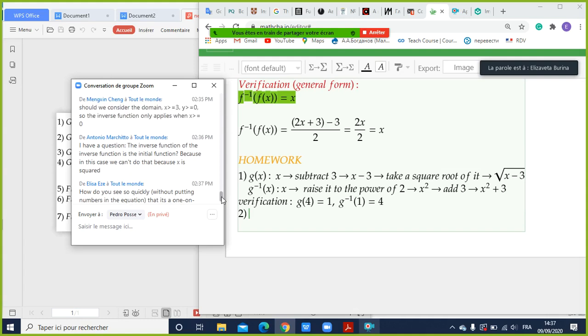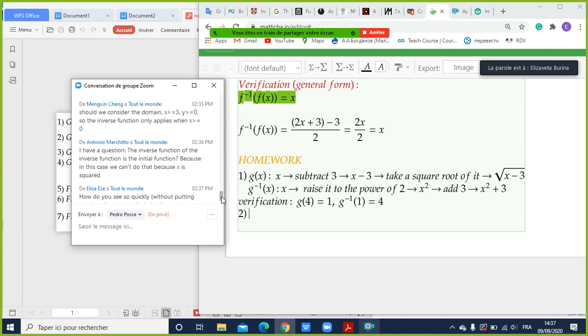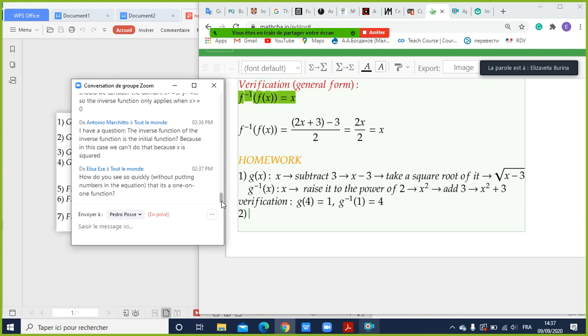So I'm answering now the question of Menxin, that the inverse function only applies when x is greater or equal than 0 or than 3. I think that you meant than 3. And yeah, technically it is right, but I didn't want to bother here with that, since we just need a functional form. So really don't worry about it.